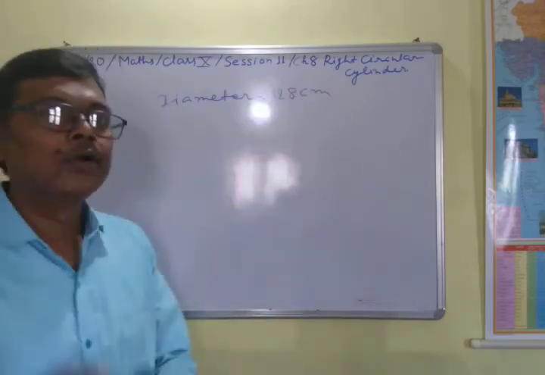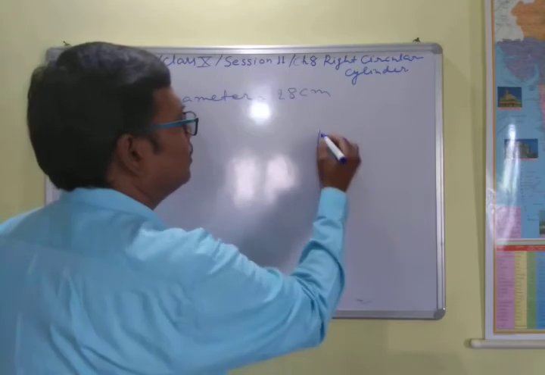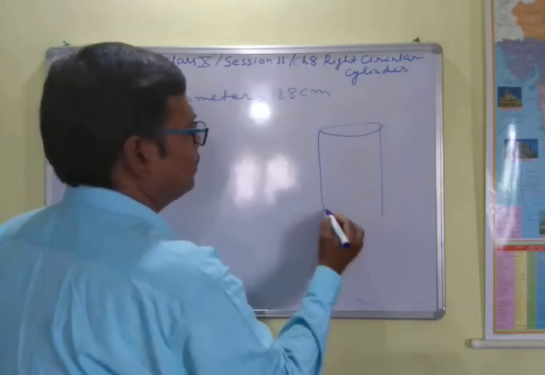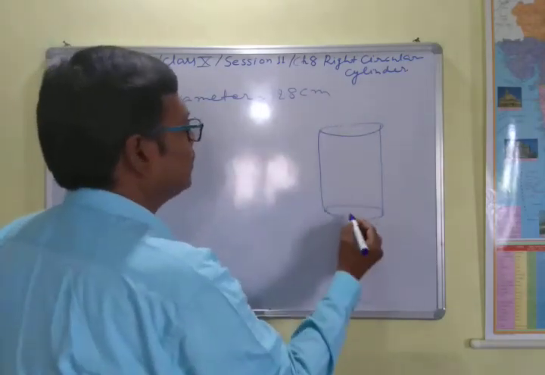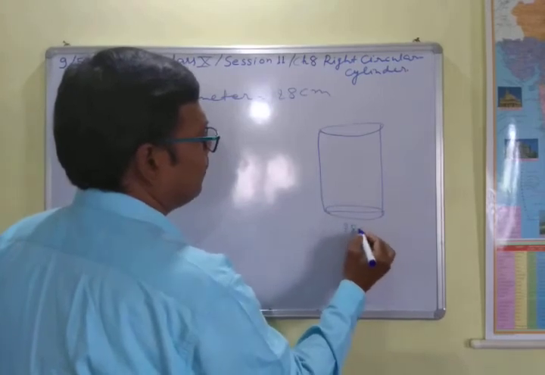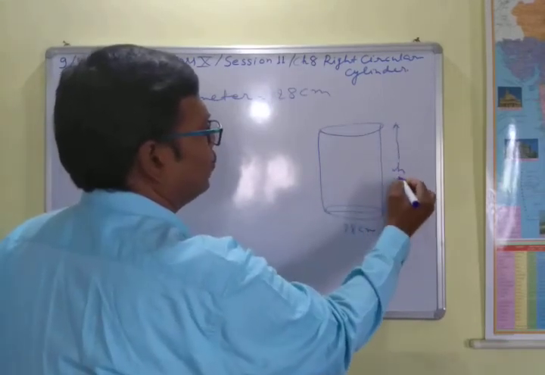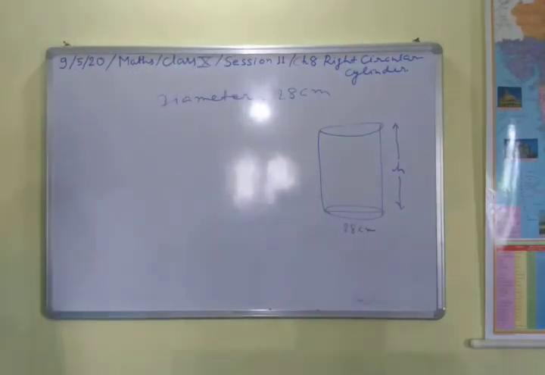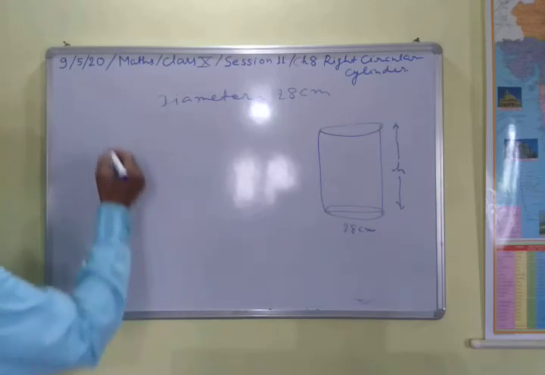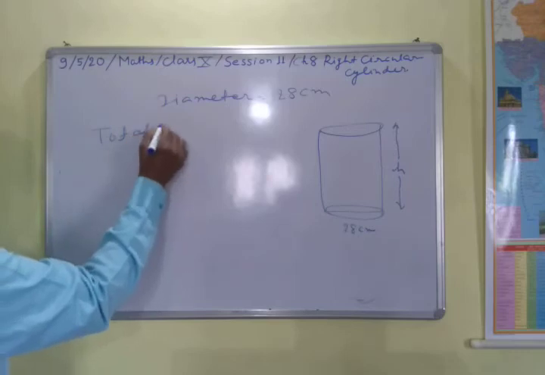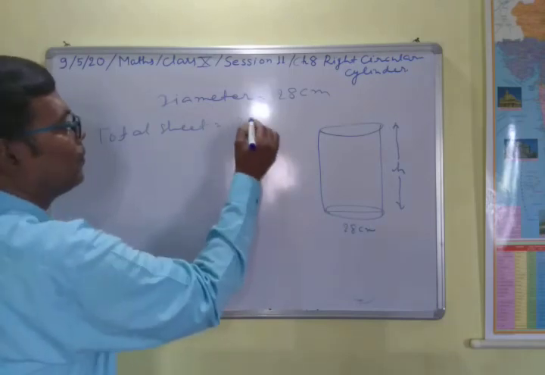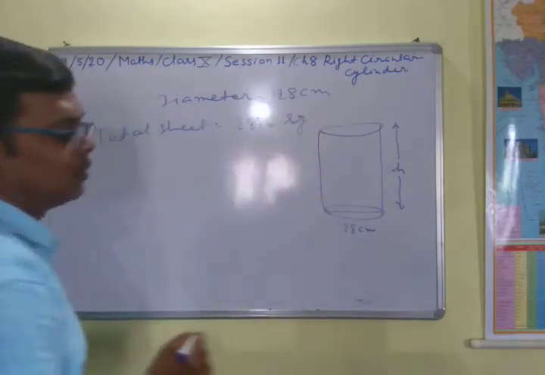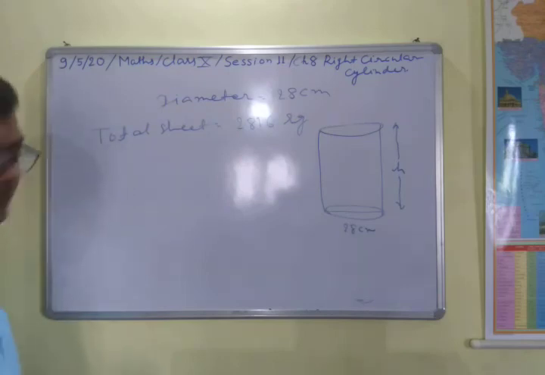We have to make a cylindrical drum, and it is covered from both sides. So there is a lid also in this case, and the diameter is 28. Diameter means this, that is 28 centimeter, and we are not given the height here in this case, and in this we are given that the total sheet is 2816 square centimeter.